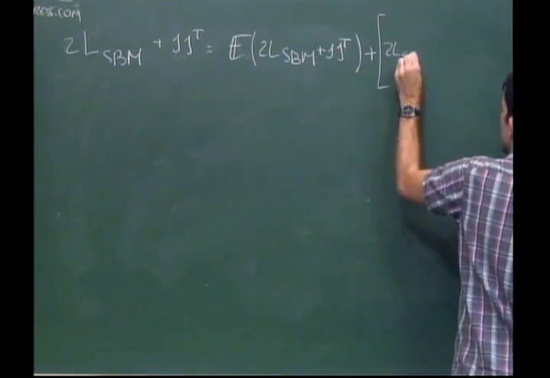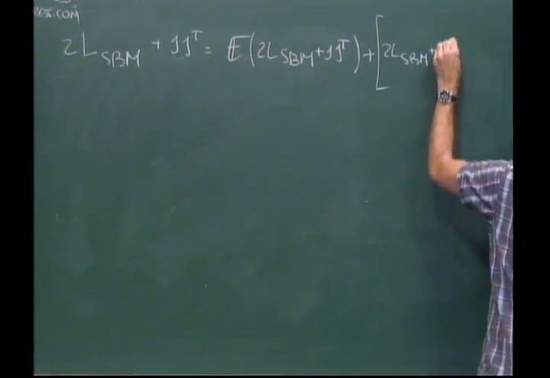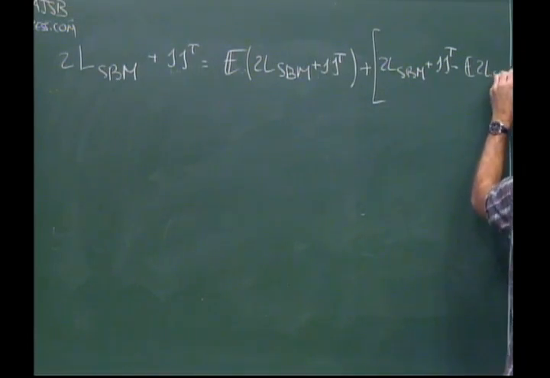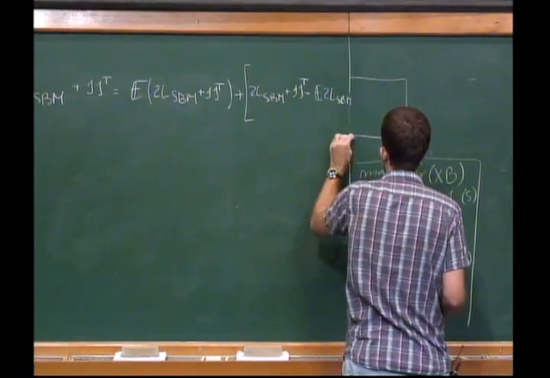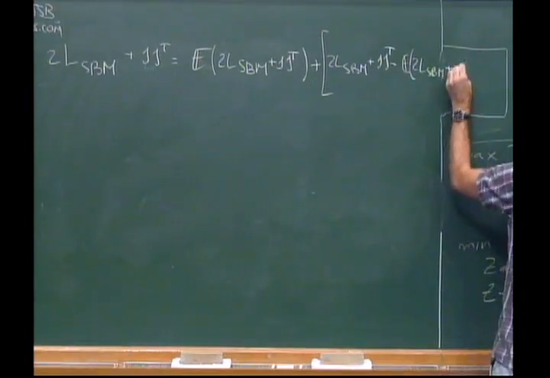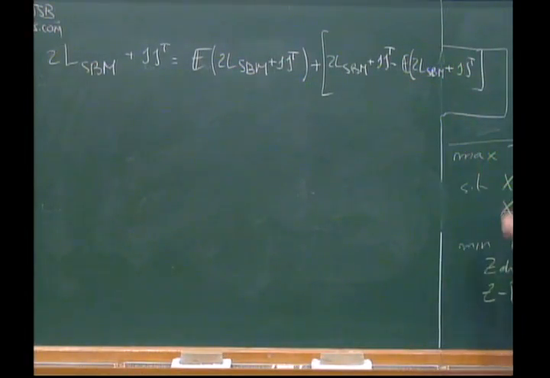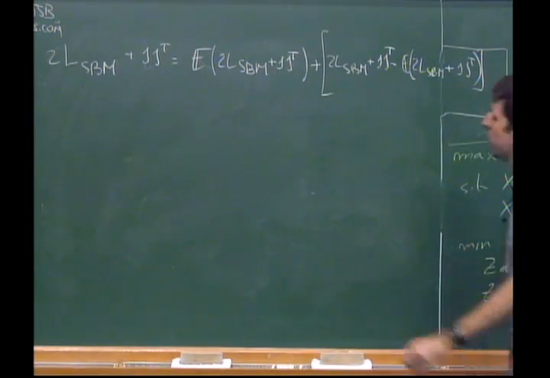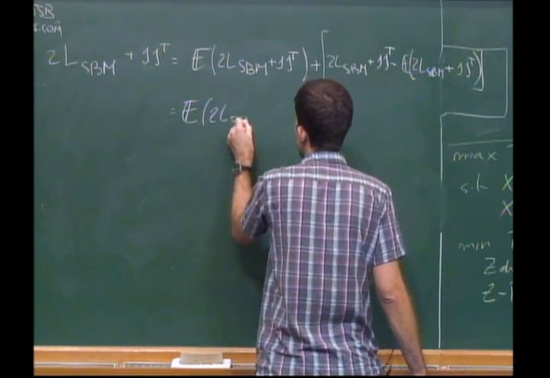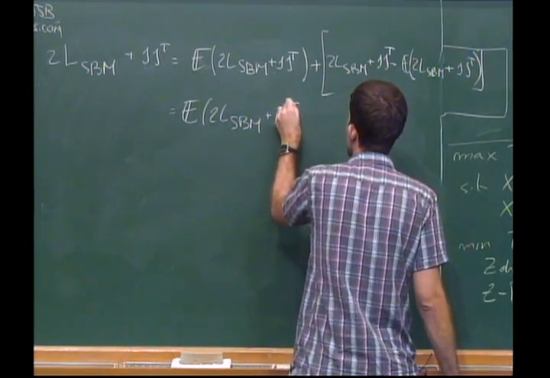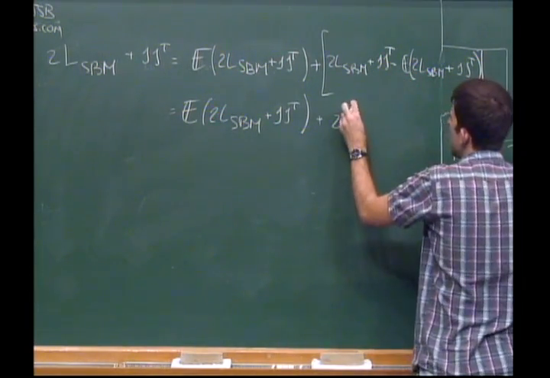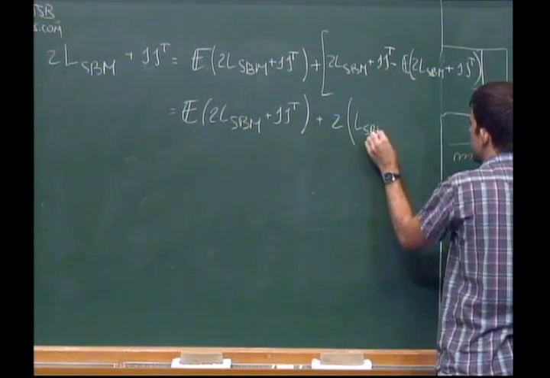So and so what is this equal to? Plus, well, the ones don't matter, right? So the fluctuations here are simply LSBM.